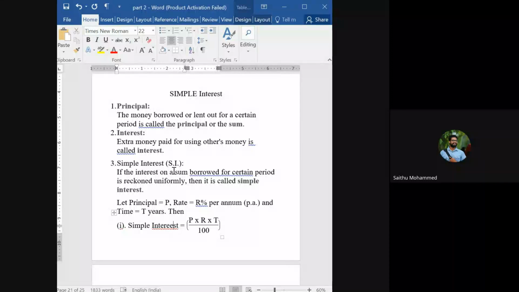Okay, so when it comes to simple interest, if the interest on a sum borrowed for a certain period is reckoned uniformly, that means every year, if this is the percentage, you just need to pay. For example, you have borrowed 100 rupees. 10% is the interest for 1 year. That means after 1 year, you need to pay, including the principal. Principal means the actual amount. In our case, it is 100 rupees.